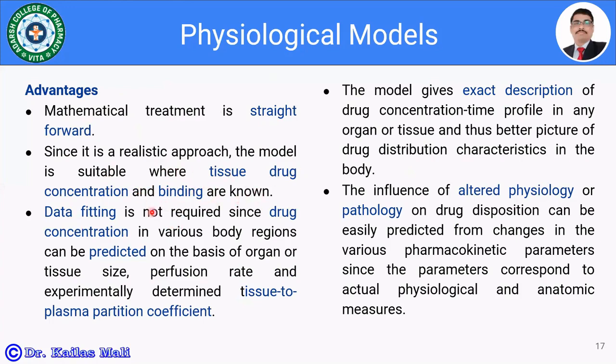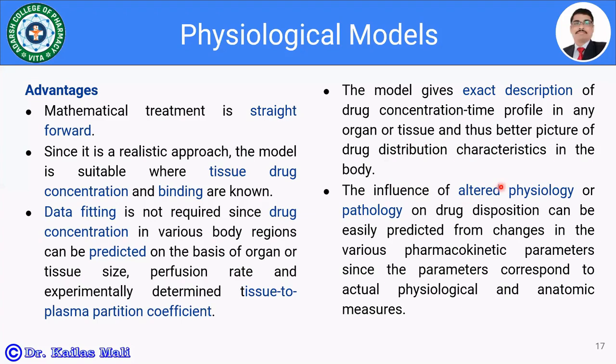Data fitting is not required, since the drug concentration in various body tissue regions can be predicted on the basis of organ or tissue size, perfusion rate, and experimentally determined tissue to plasma partition coefficient. The model gives an exact description of the drug concentration time profile in any organ or tissue, and thus a better picture of drug distribution characteristics in the body.